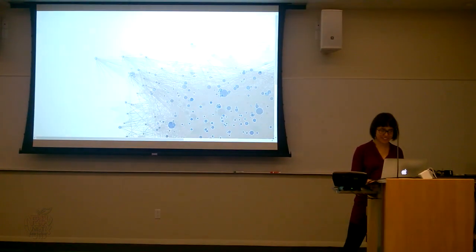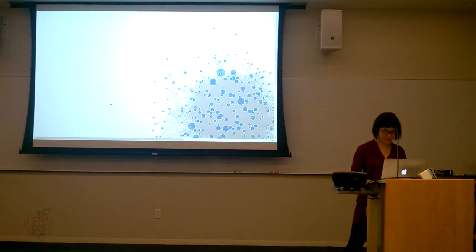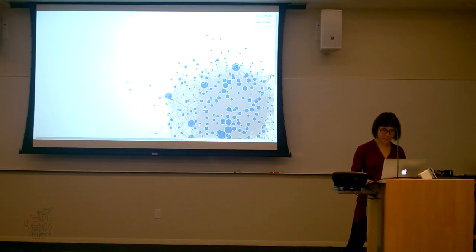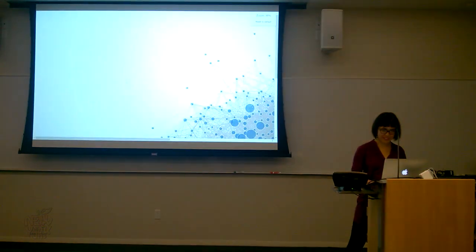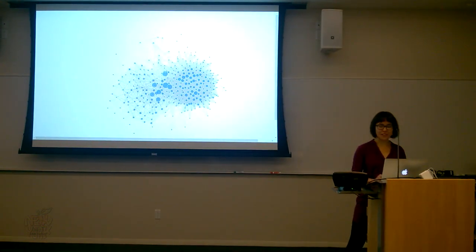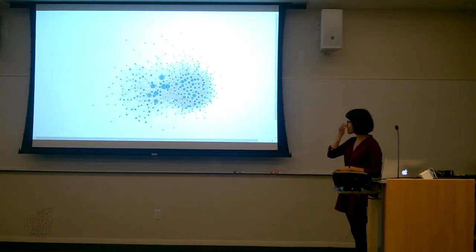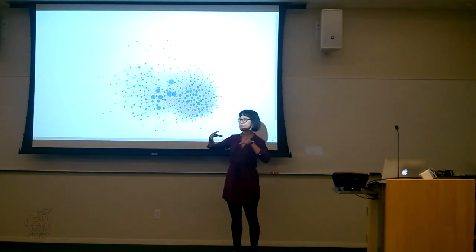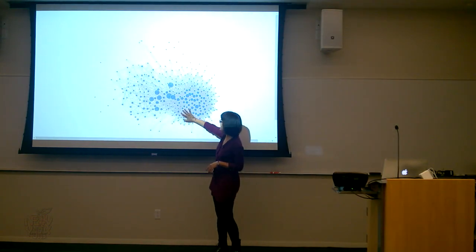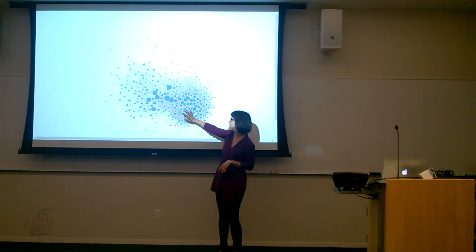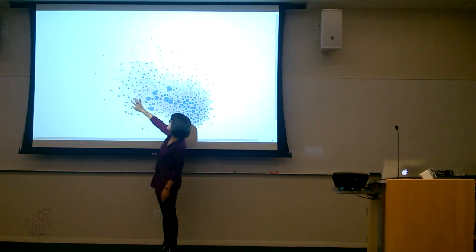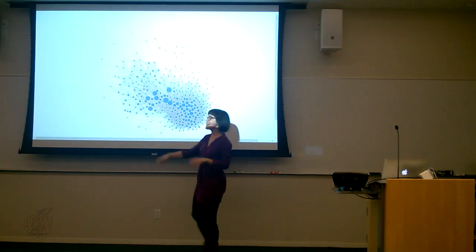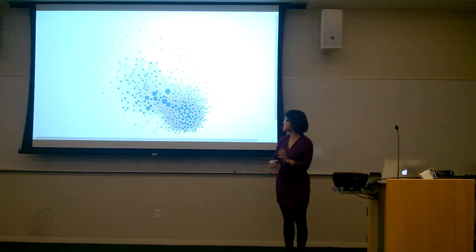And this is my network on Twitter. It's smaller than the F# one. But here you can actually see that it's not so homogeneous. There is one part of the network that's very densely connected, and then there is the other part which is less dense.